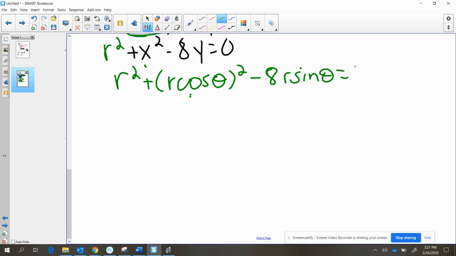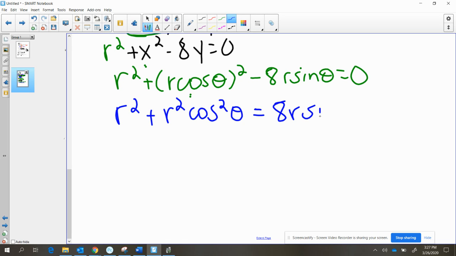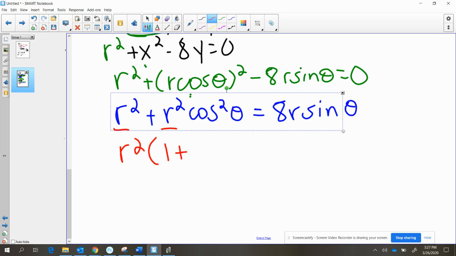Now, as we start simplifying here, what we're going to do is we have r squared plus r squared cosine squared, distribute the squared, and I'm going to move the 8r sine theta over to the right-hand side. And keep all the r squared on one side by themselves. And again, we have these r squared in common as a greatest common factor.